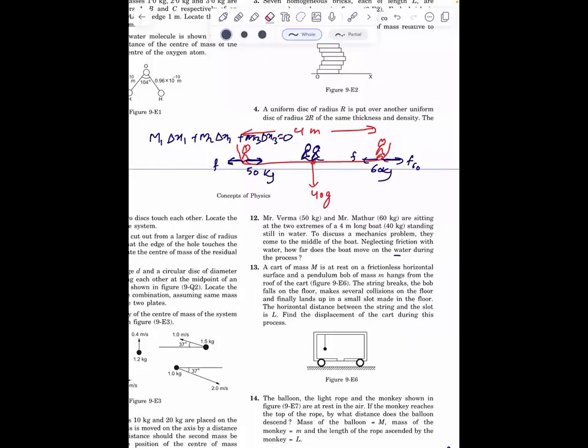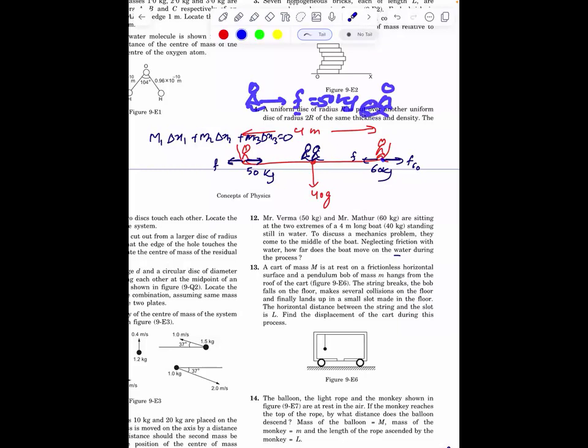But those students will say, sir, I have taken left. No problem, your answer will come negative. Are you getting my point? The friction which 50 kg is applying towards right is less dominating. The 60 kg is applying towards left, which is more dominating.